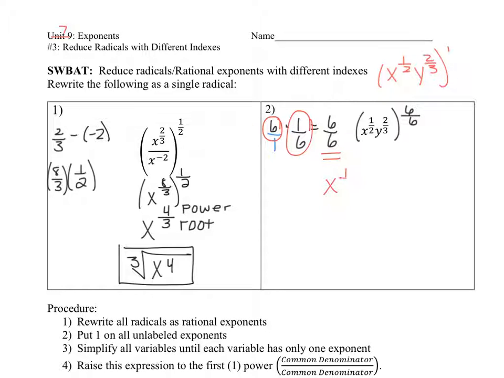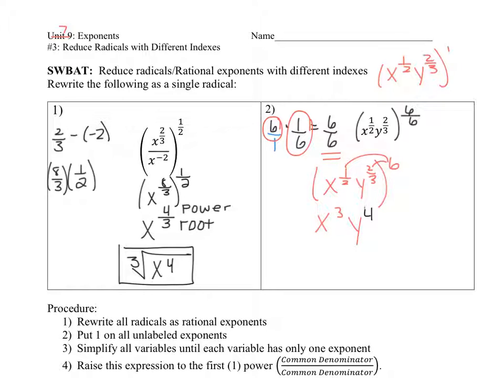We're going to take the x to the 1/2, the y to the 2/3, and first raise it to the 6th power. Then we can distribute it in. Take 1/2 and multiply it by 6. You should get 3. Then take the 2/3 and multiply it by 6, and you should get 4.